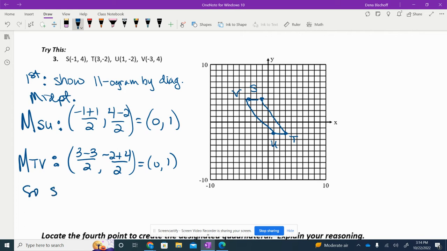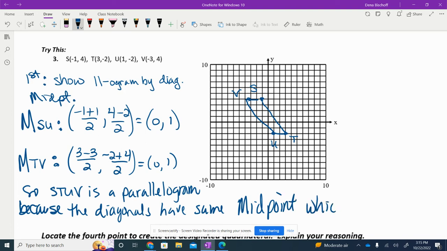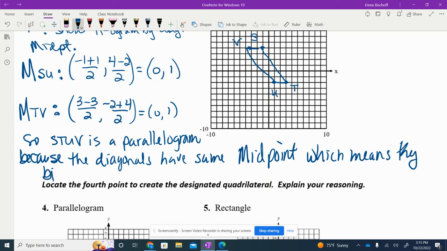So quadrilateral STUV is a parallelogram because the diagonals have the same midpoint, which means they bisect each other.